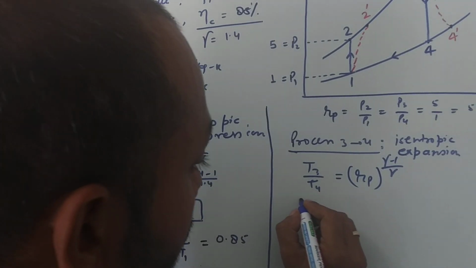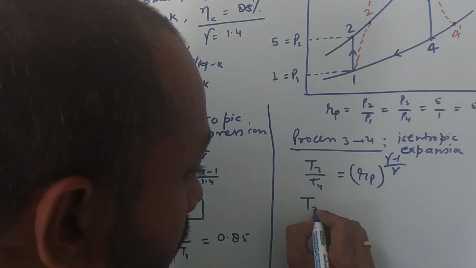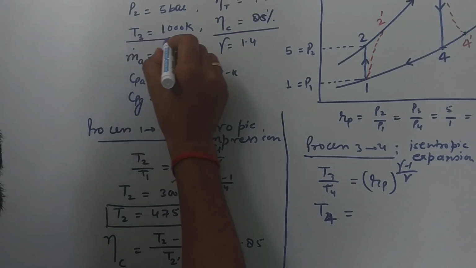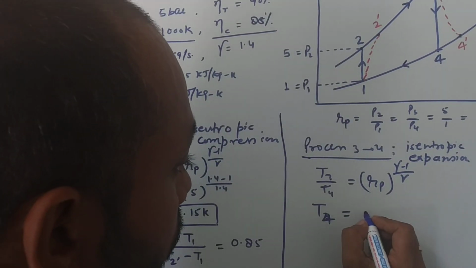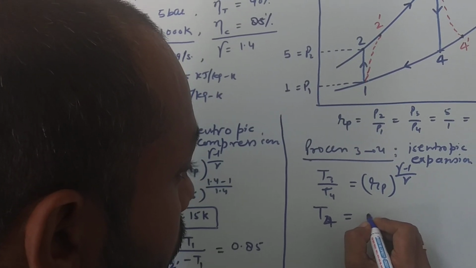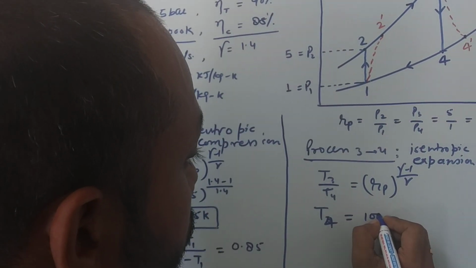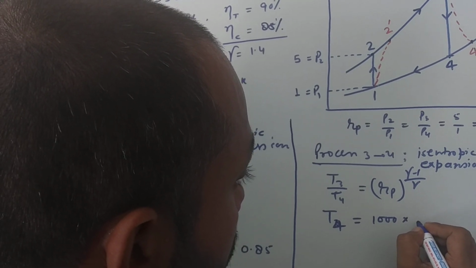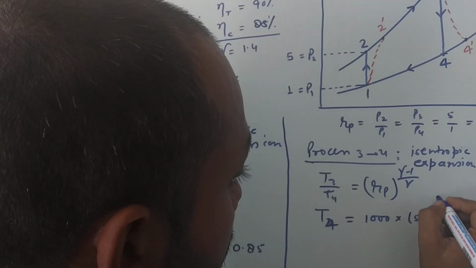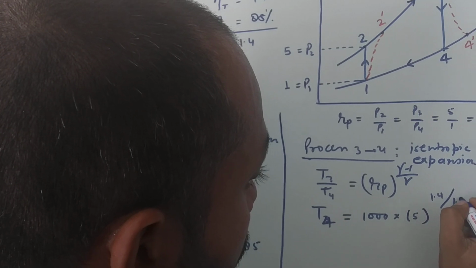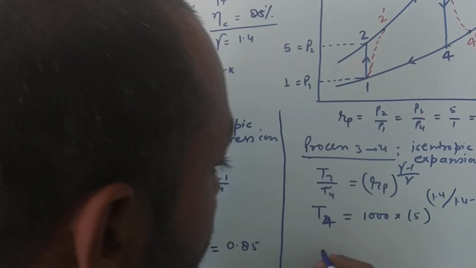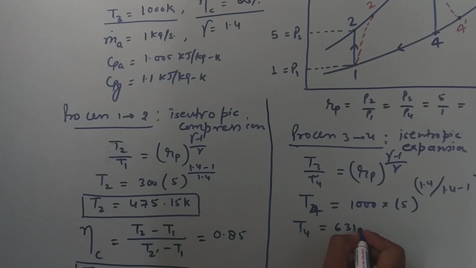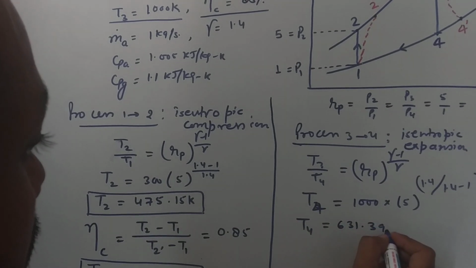From here we can write T4 equal to T3, which is given in the problem as 1000, multiplied by 5 to the power of minus (1.4 minus 1) over 1.4. So we get T4 as 631.39 Kelvin.